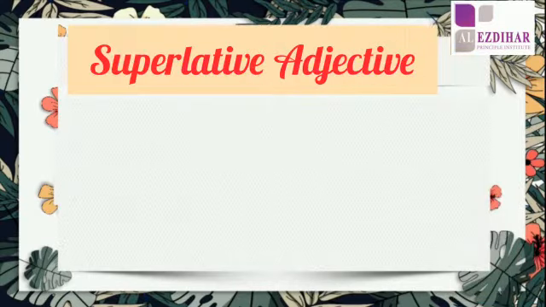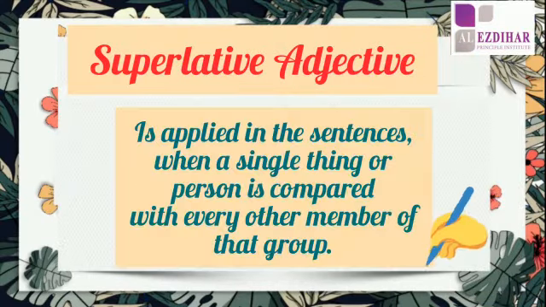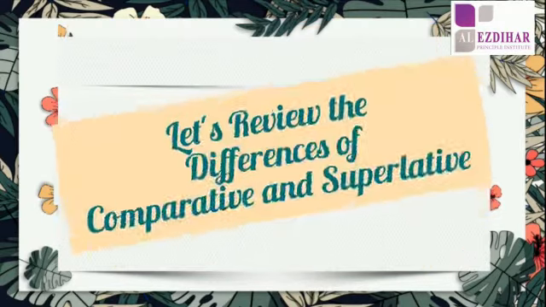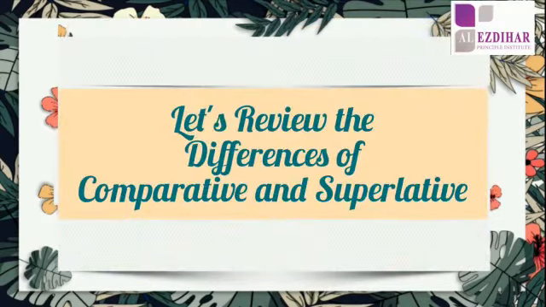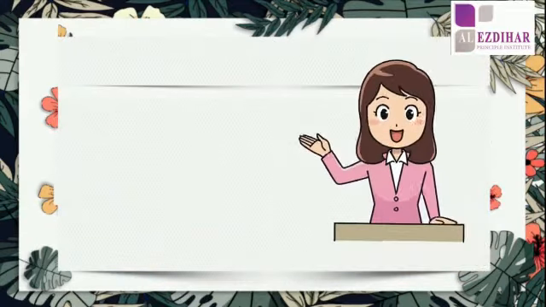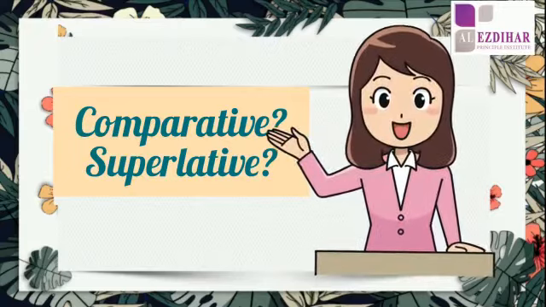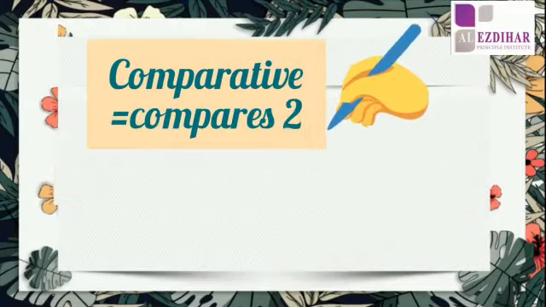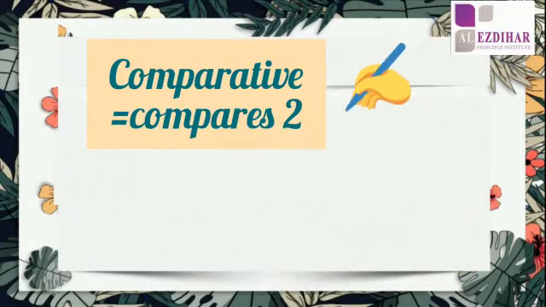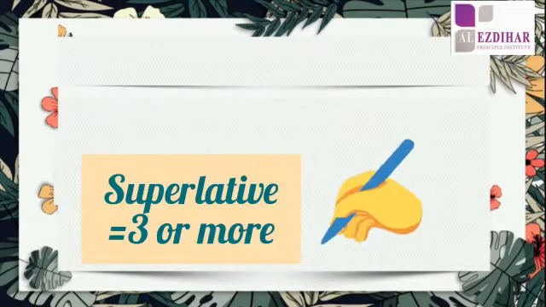On the other hand, superlative adjective is applied in the sentences when a single thing or a person is compared with every other member of that group. Let's have an example to see a clear picture of what comparative and what superlative is. As we have said, comparative is comparing two, while superlative is comparing three or more.